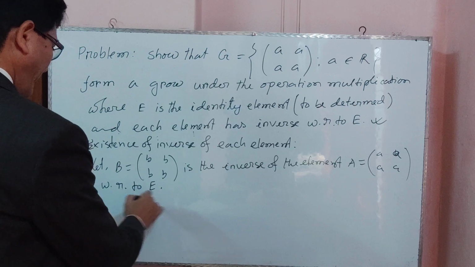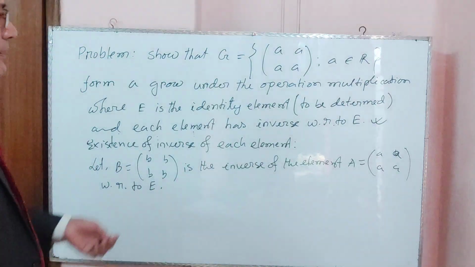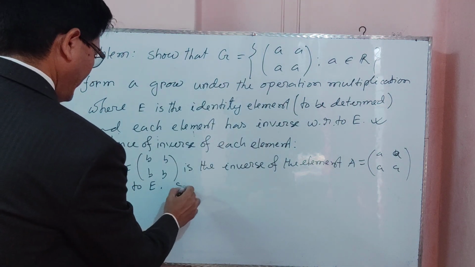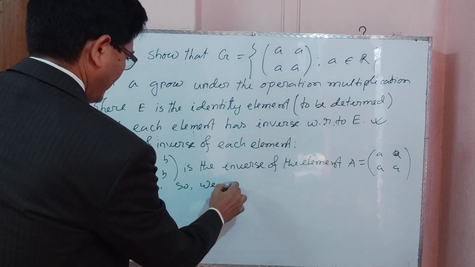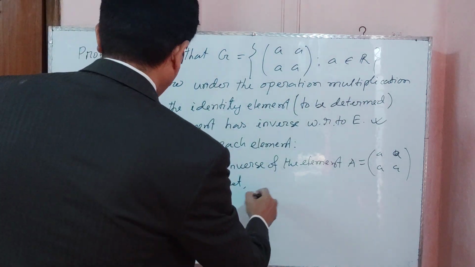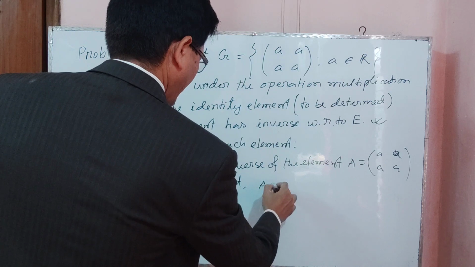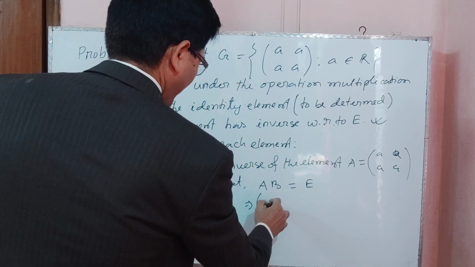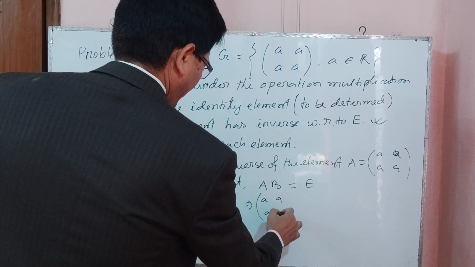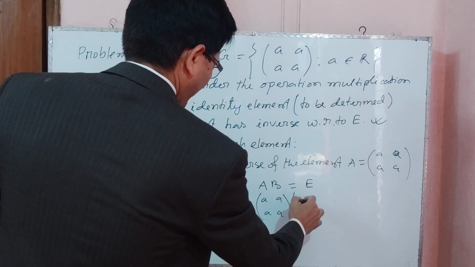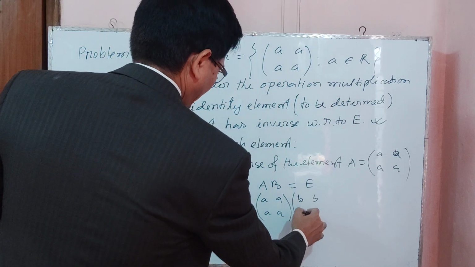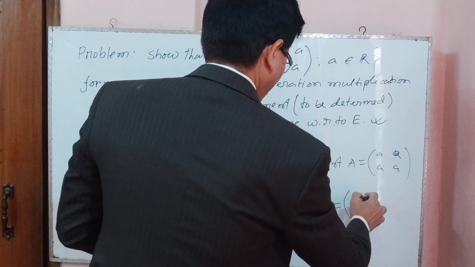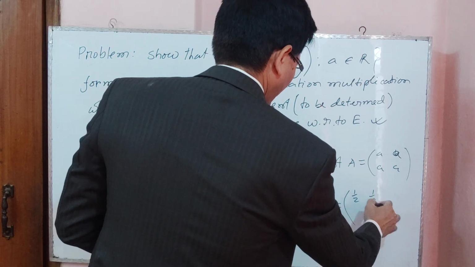So please apply the condition of inverse element, and we get AB equals E. Dear students, A means A and A, B means B and B, and E you have already determined as half and half.